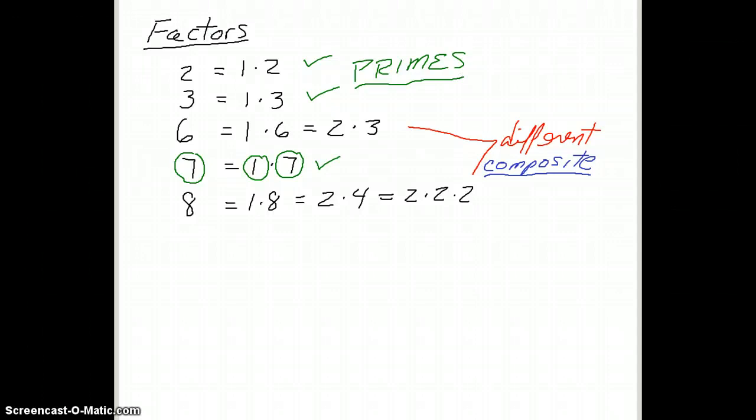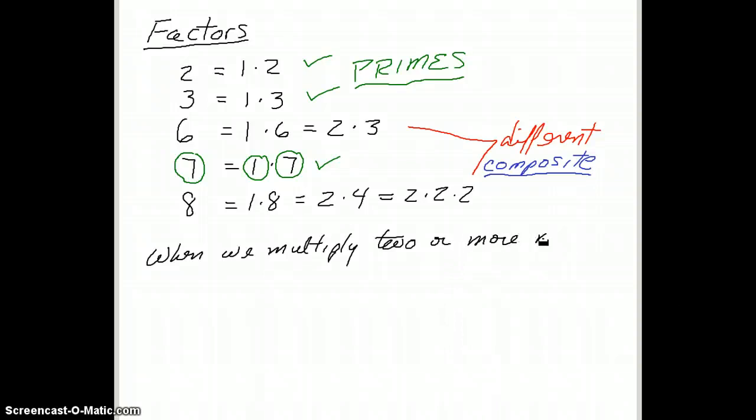When two or more numbers are multiplied together, they are called factors.